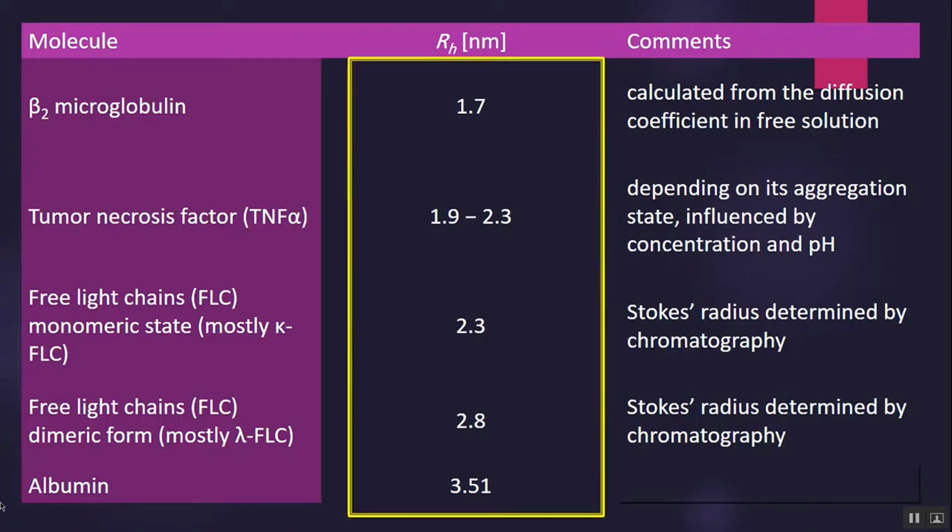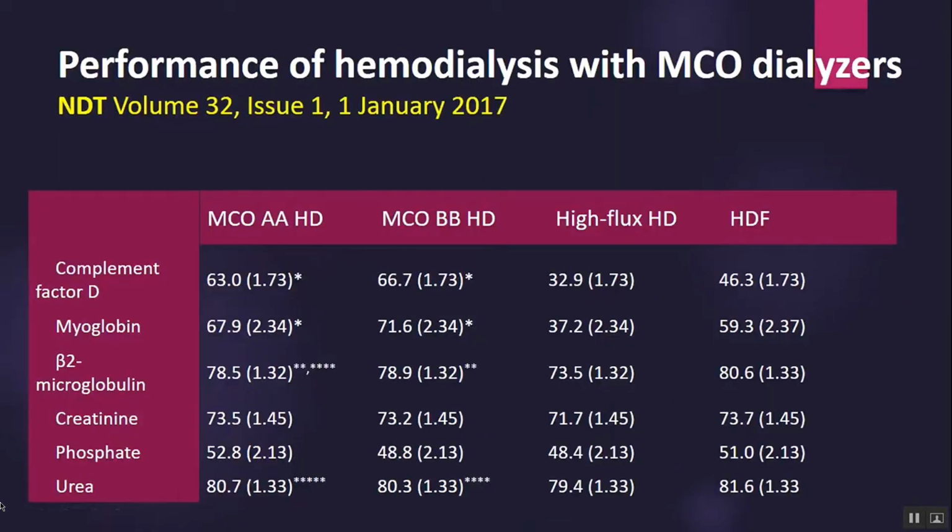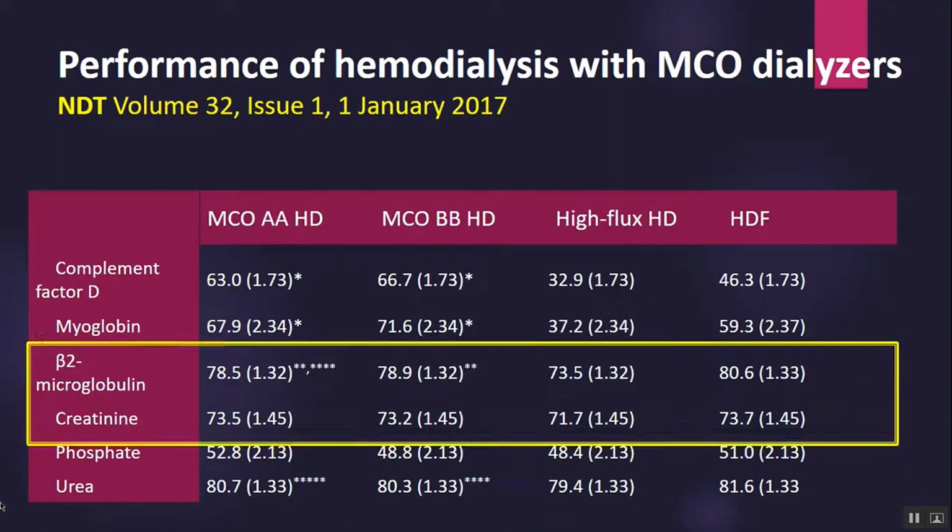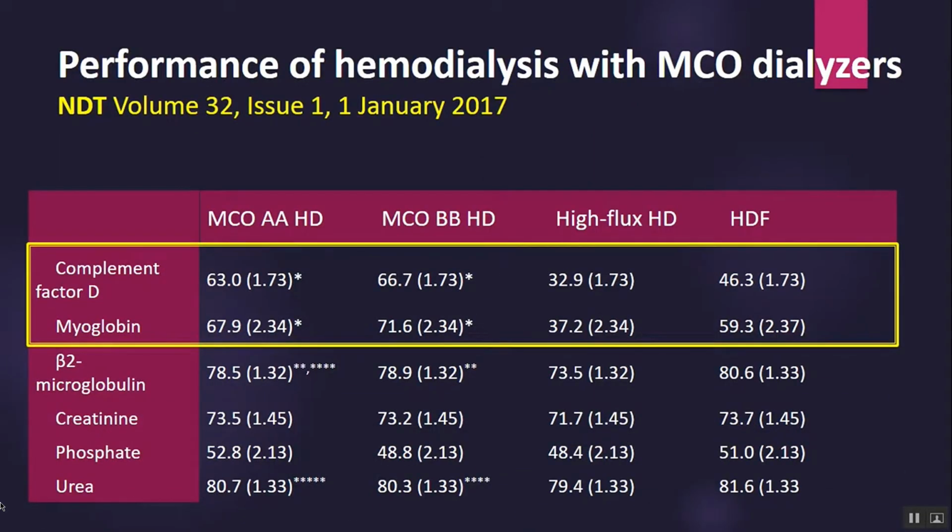But we have much improvement in removing big molecules like free light chains, kappa and lambda. Complement, myoglobin, beta-2 microglobulin are all efficiently removed by HDX, medium cut-off, high flux, and hemodiafiltration, with superiority of HDF and HDX.